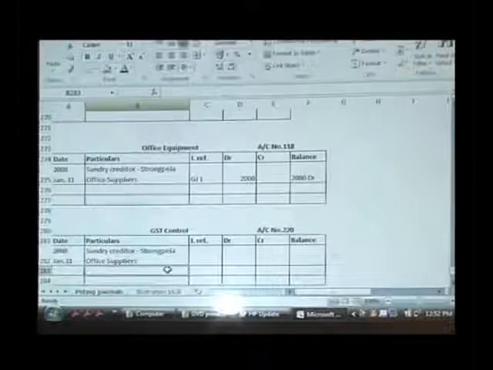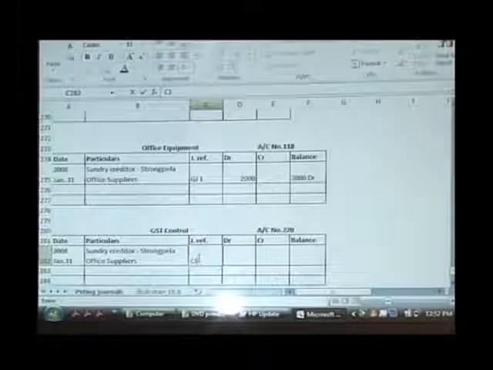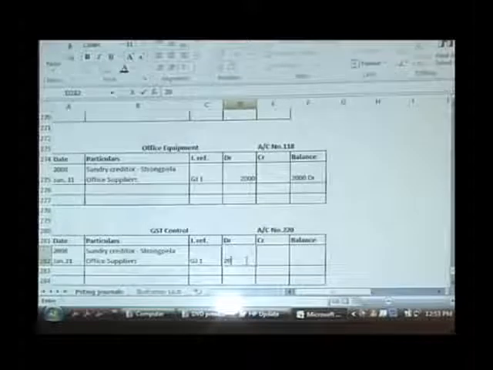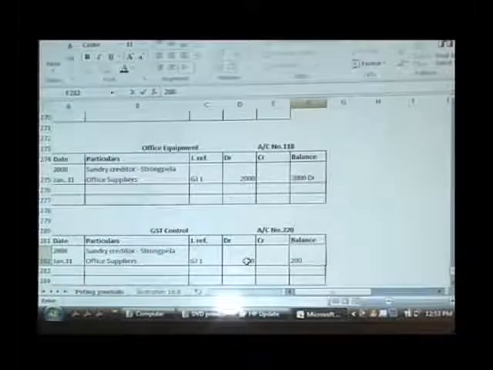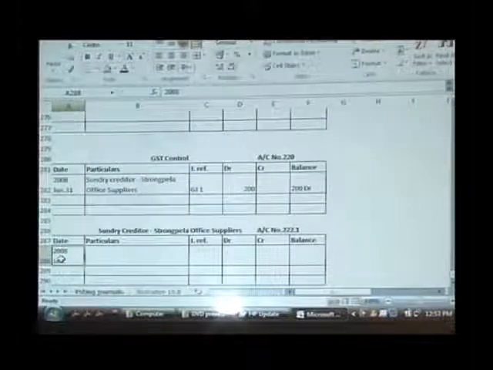We assume that posting date is 31st. Then same here, GJ, page number 1, 200 here, debit, and Strong Pillar Office Suppliers.